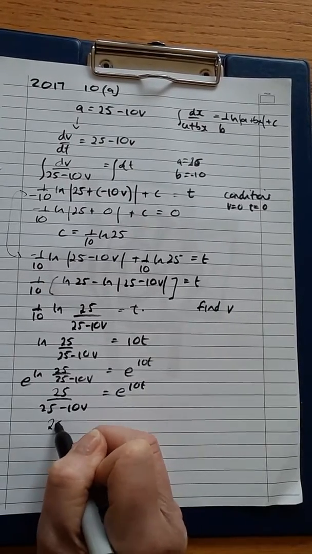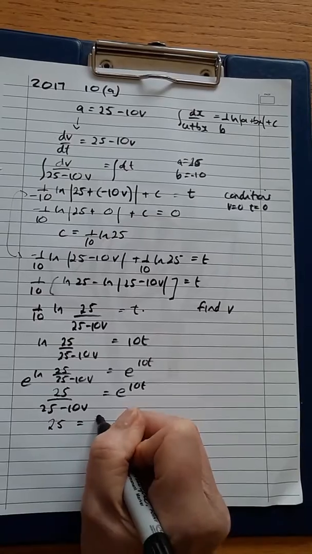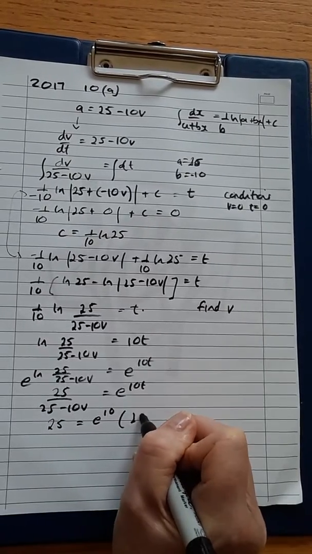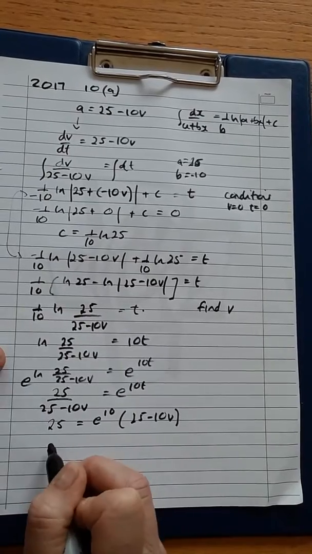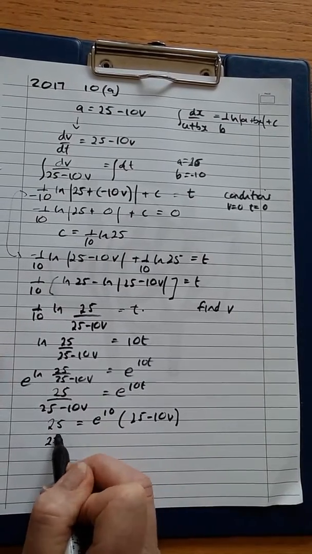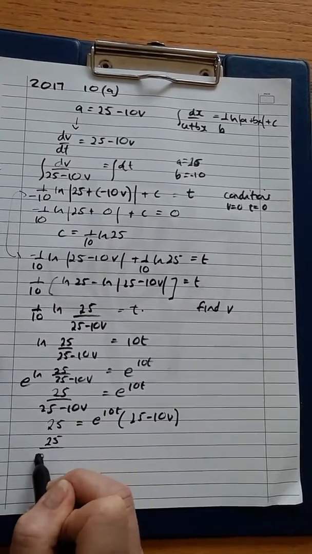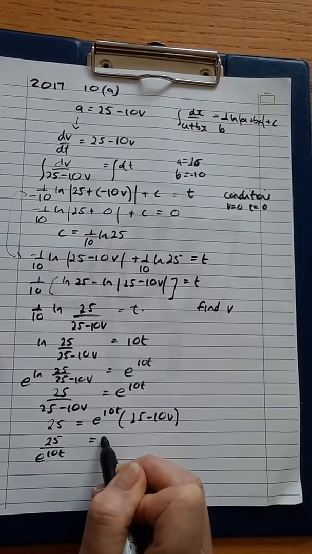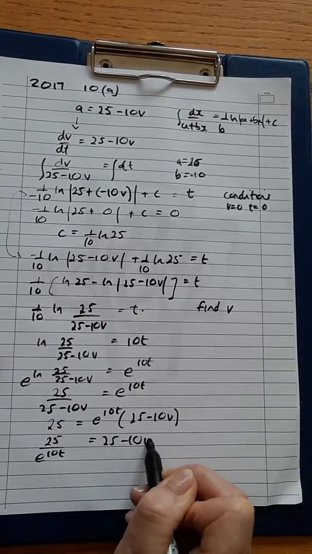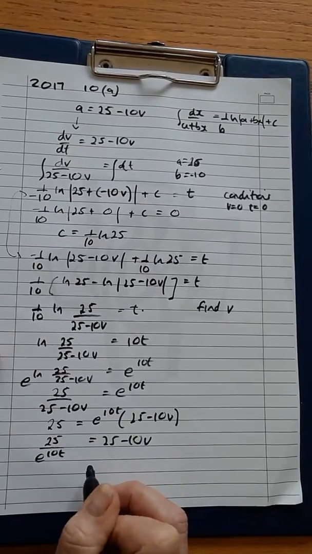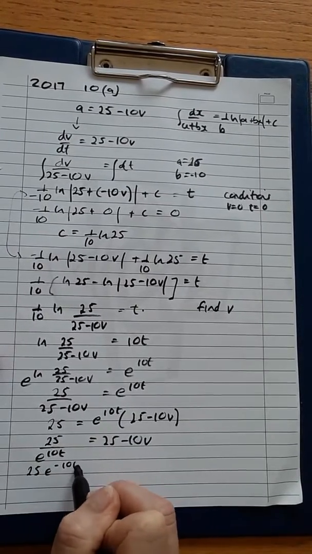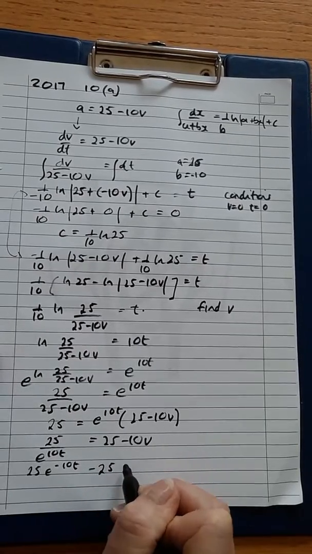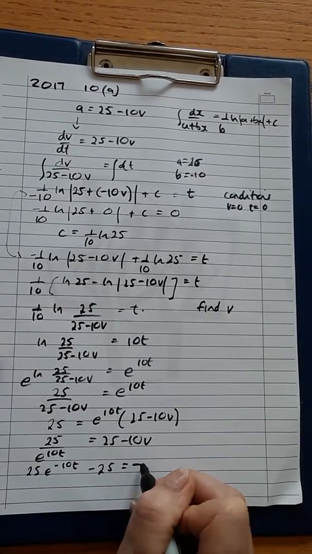Cross multiply, 25 is equal to e to the 10t by 25 minus 10v. So I'll bring over that e to the 10t, and that's equal to 25 minus 10v. Okay, so this will become 25 by e to the minus 10t minus 25 is equal to minus 10v.